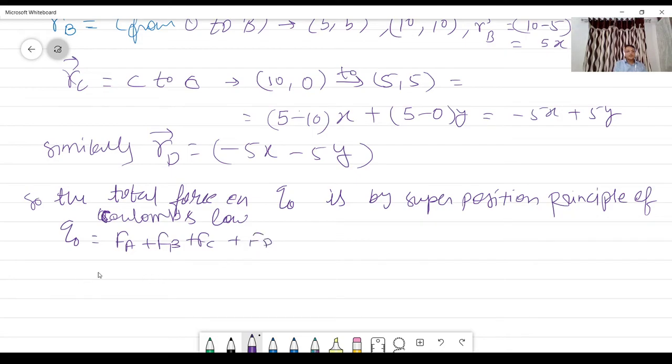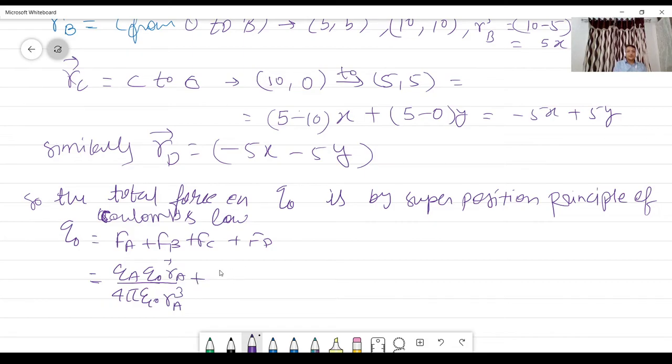So I just have to put in the formulas. What will be FA? FA is the force on Q naught due to QA. So the formula will be QA Q naught upon 4 pi epsilon naught, and the distance between QA and Q naught is, let's say, RA. So it is RA cube and vector RA.